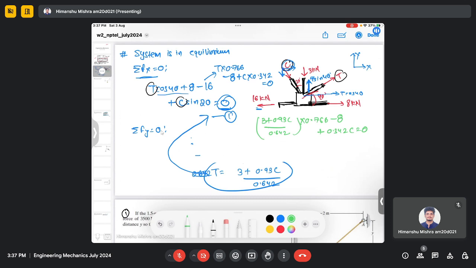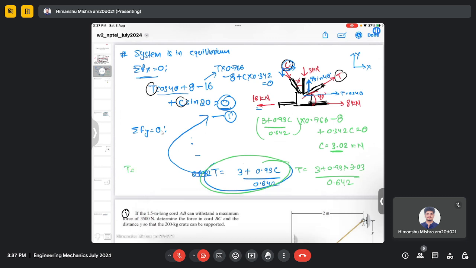So when you solve this, you will get C as 3.03 kilonewton. Then you can substitute C here in this equation. So T will be 3 plus 0.93 multiplied by 3.03, which is C, divided by 0.642.